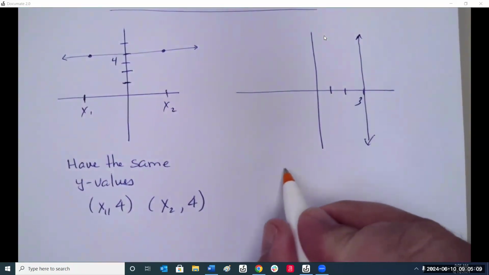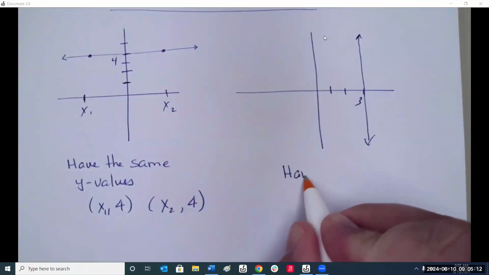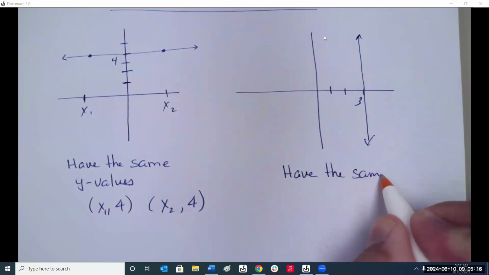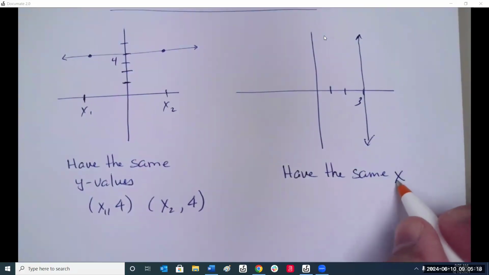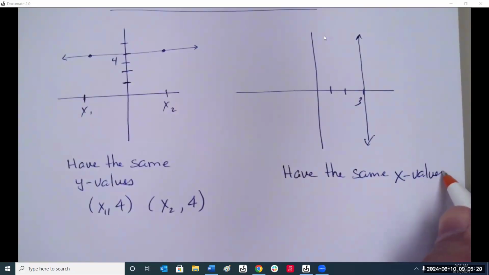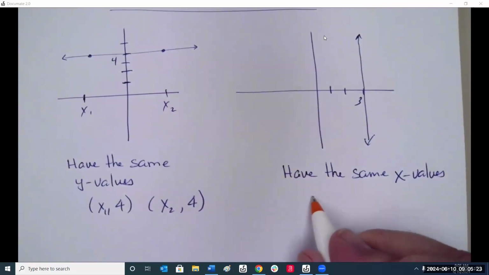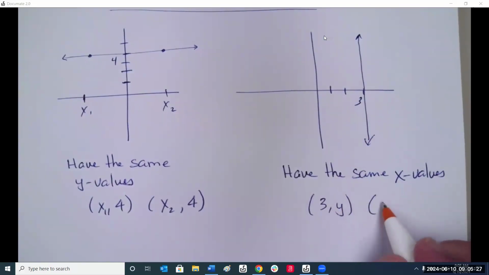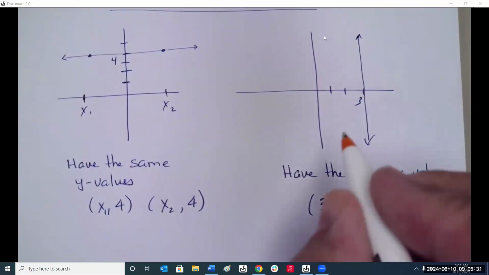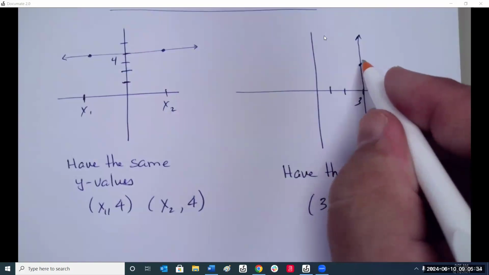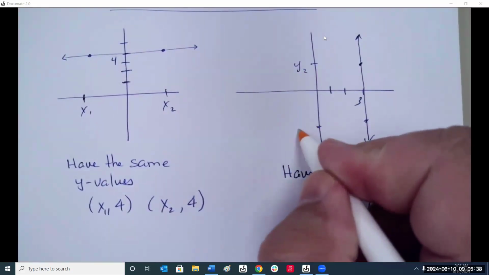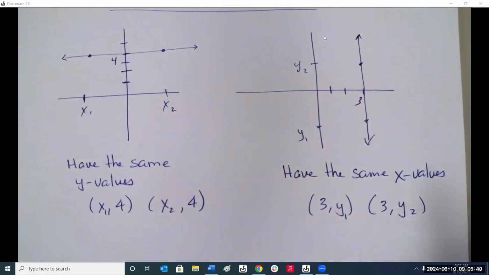For vertical lines, they have the same x values. In this example, for any 2 points, the x's remain the same.